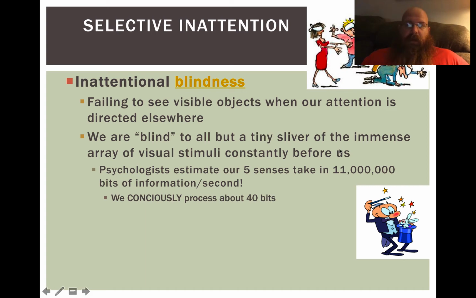We consciously process about 40 bits of information. So think about that. Although our brain receives 11 million bits of information per second, it is able to cut out 10,999,960 bits of information that we don't need per second. Kind of wild.